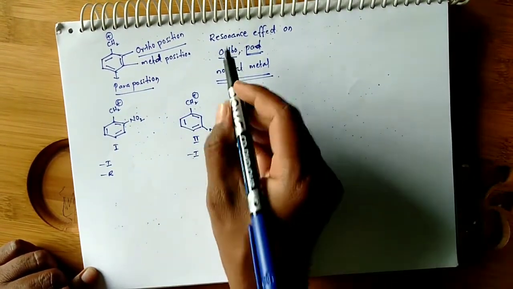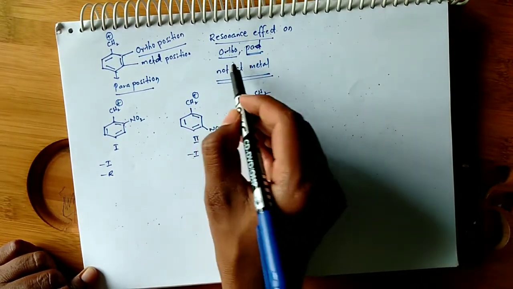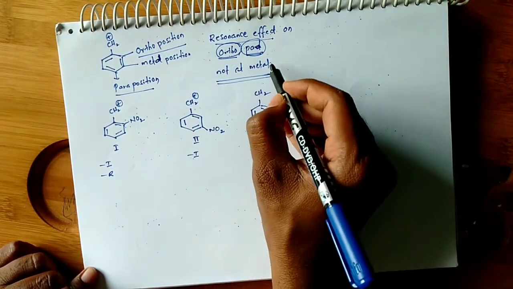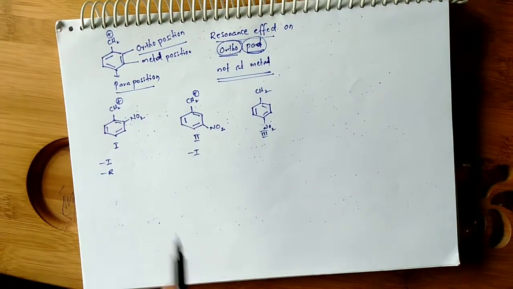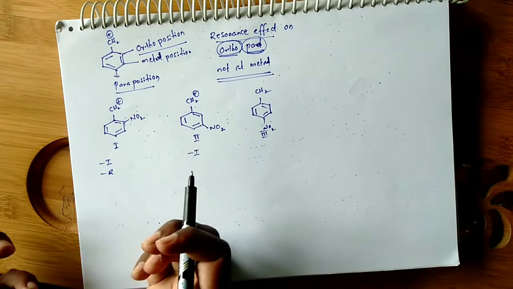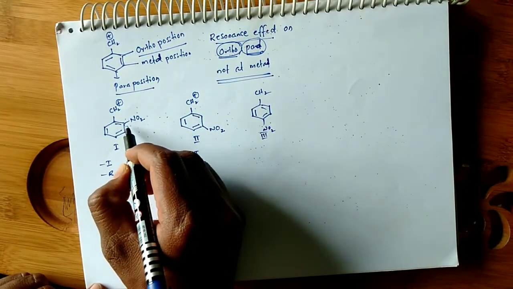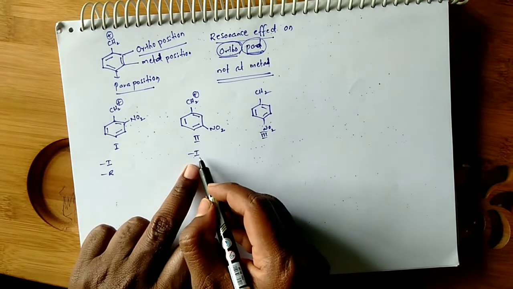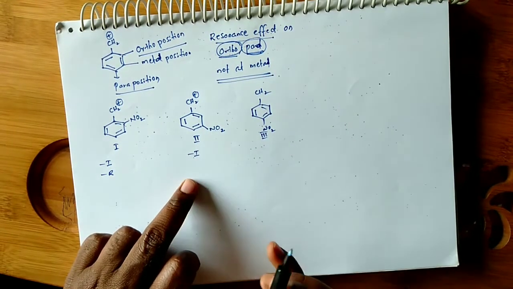As I said, resonance effect shows influence only on ortho position and para position, not at meta position. Here minus I effect and minus R effect both work at the ortho position, so they strongly withdraw the electrons. But here only one effect acts at the meta position, there is no resonance.